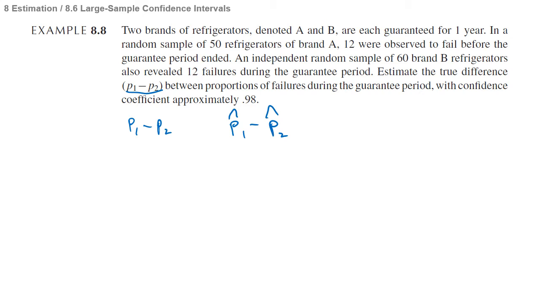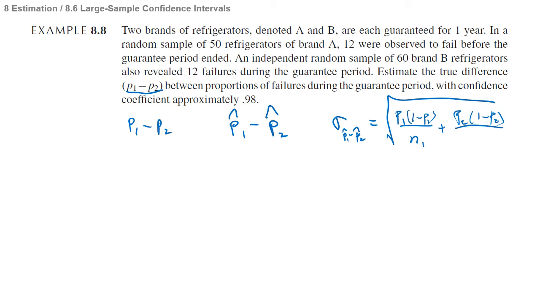And the standard error for P1 hat minus P2 hat is the square root of P1 times (1 minus P1) over N1 plus P2 times (1 minus P2) over N2.